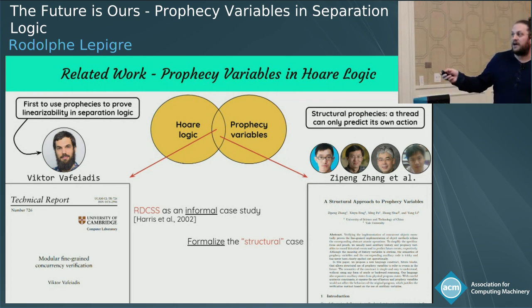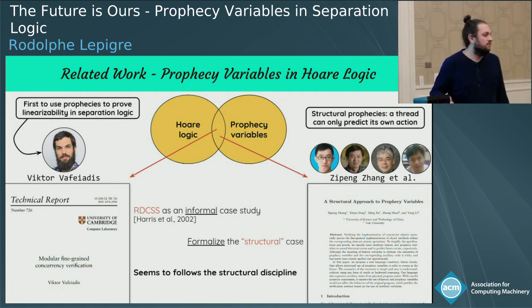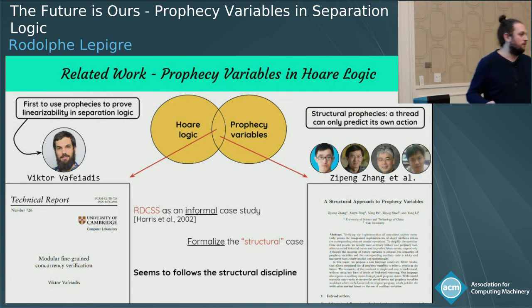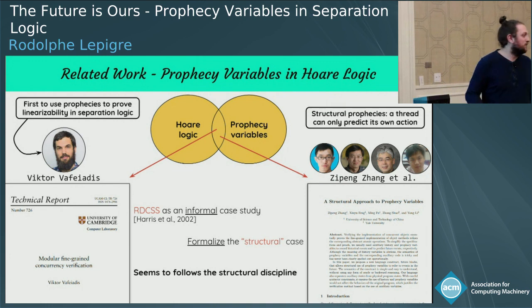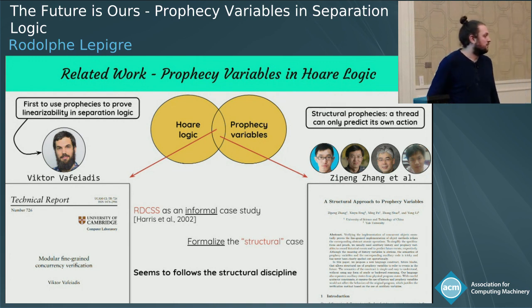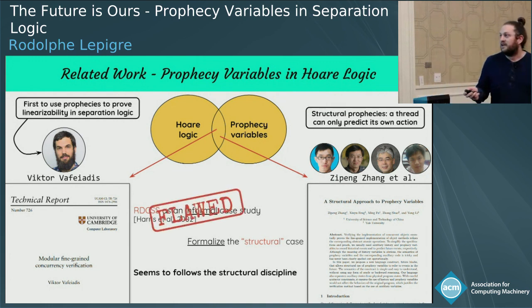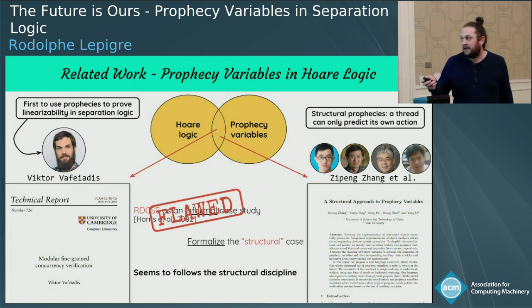However, the authors argued that this is okay, it's already quite general enough, because an example like RDCSS can already be carried out since it follows the structural discipline. And so you might wonder, well, isn't the problem solved? Actually it isn't, because it turns out we found a flaw in Victor's proof of RDCSS.